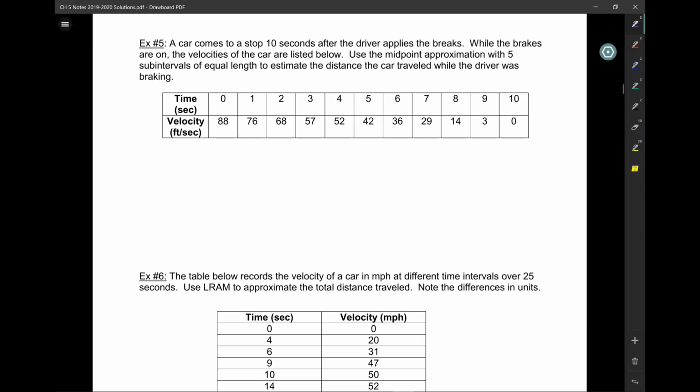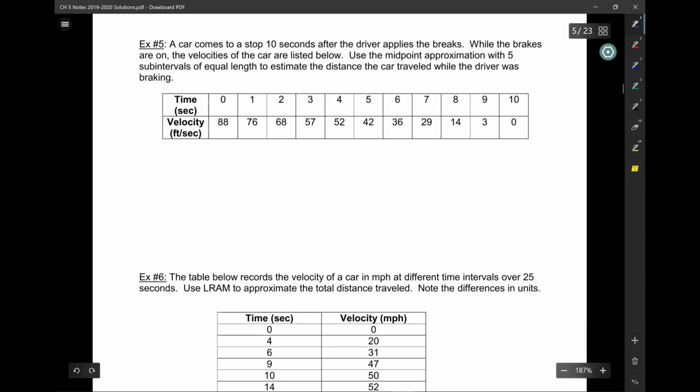So you apply the brakes and then it takes 10 seconds for it to slow down. While the brakes are on, the velocities of the car are listed below. Use the midpoint approximation with 5 subintervals of equal length to estimate the distance the car traveled while the driver was braking.